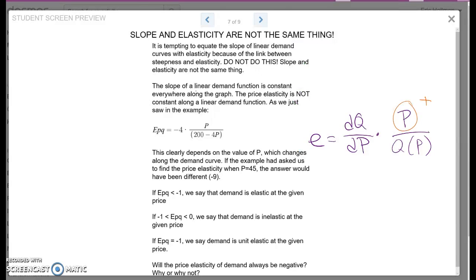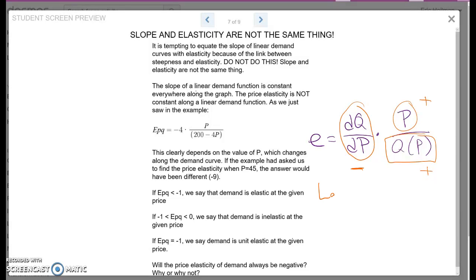Prices can only be positive. The quantity demanded at any given price also has to be positive. We're not looking at negative demand in this course. So that means that the sign of the price elasticity of demand is going to be controlled by this: what happens to the quantity demanded when the price goes up. So we know this term has to be negative.